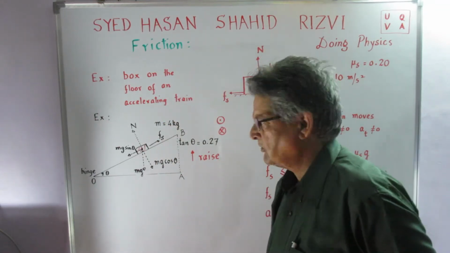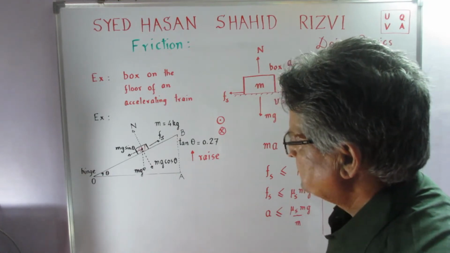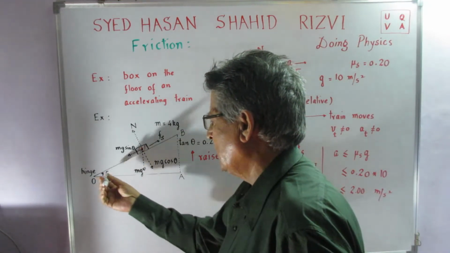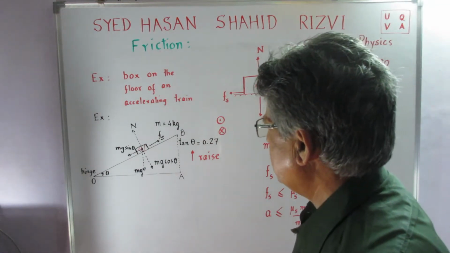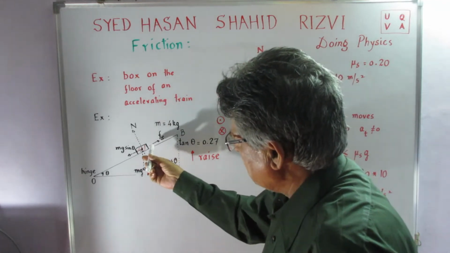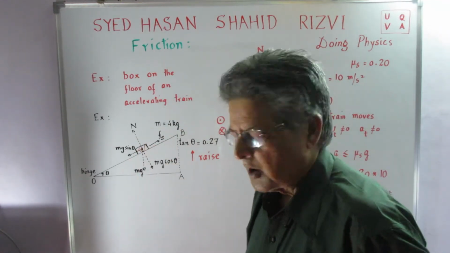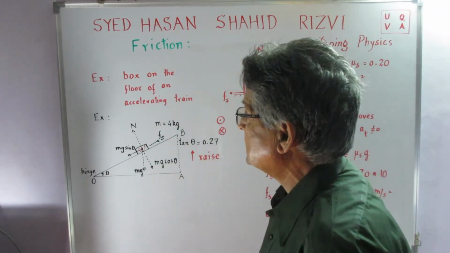It's what we call normal. And when this angle is theta, whatever value, we'll find out later on that this body will start slipping. So we want to know what is the angle theta at which the body starts slipping.